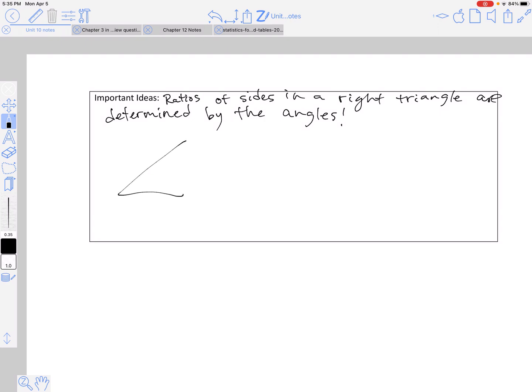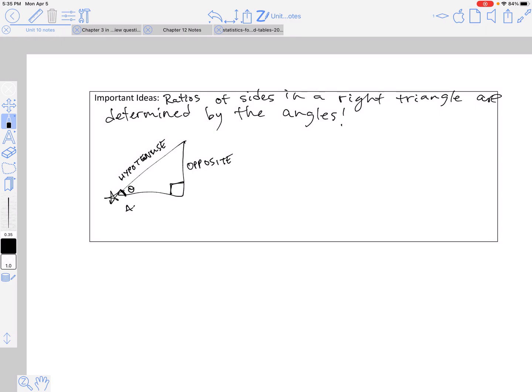So, if we have a right triangle, and this is the angle that we're focused on, we're going to call it theta. Theta is kind of the typical variable for angle measurements. This will always be the hypotenuse, because it's the longest side. This side will be opposite, because as you can see, it's exactly opposite that angle.